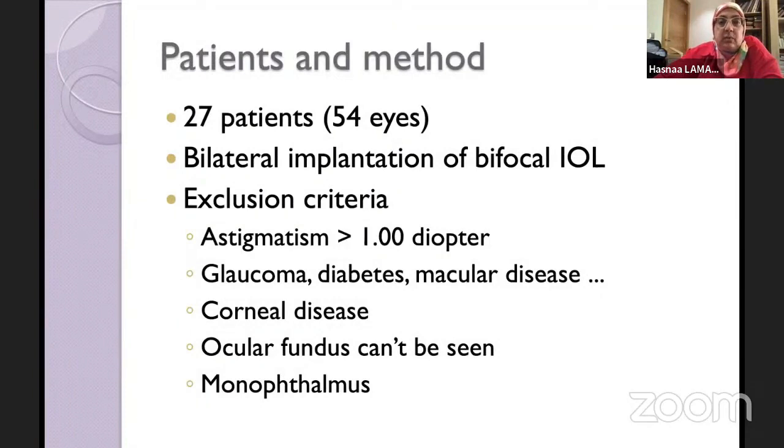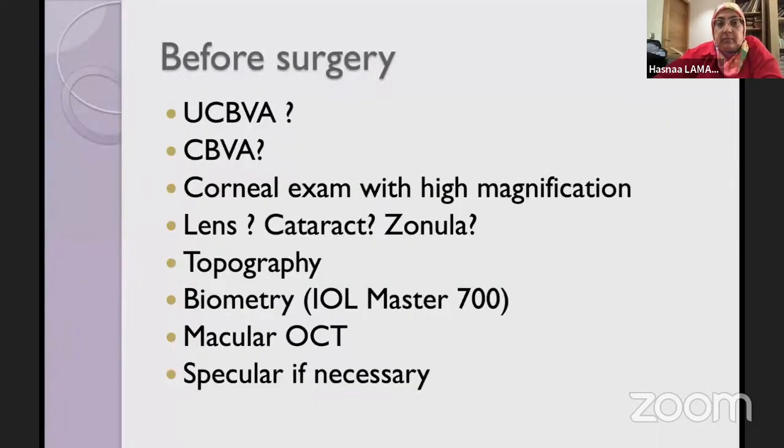Our series comprised 27 patients, 54 eyes, with bilateral implantation of bifocal IOL. Exclusion criteria were astigmatism higher than 1 diopter, glaucoma, diabetes, macular disease, corneal disease, when the ocular fundus can't be seen, and monophthalmos.